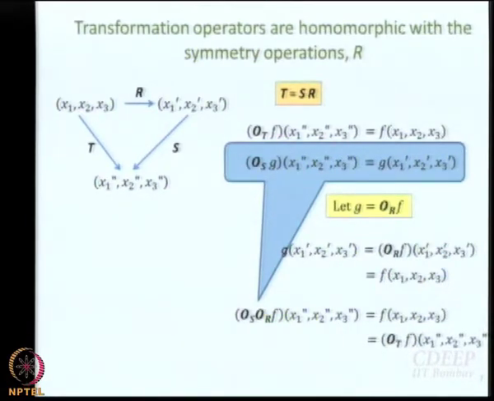So, you basically get the same thing that we were saying earlier, you get the same character table. You get the same group multiplication table no matter whether you use the symmetry operations or the transformation matrices or the transformation operators, right.